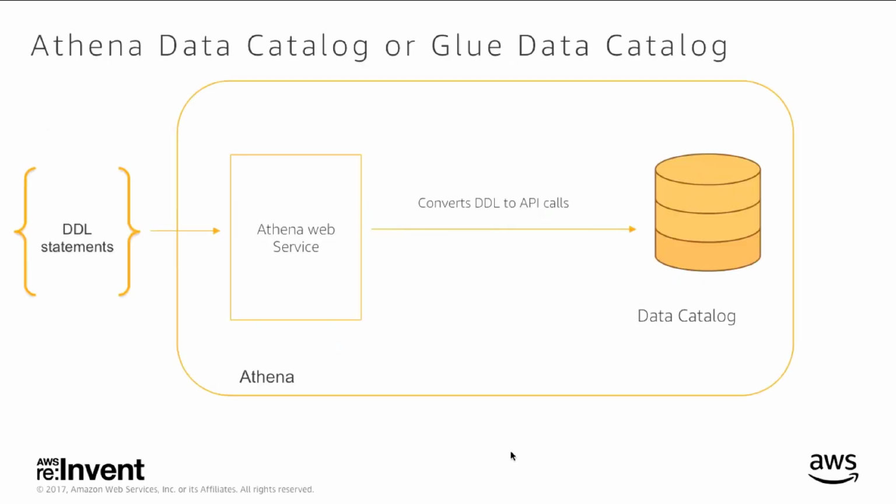So when we talked about the data catalog, previously when Athena launched and the Glue Data Catalog was not quite yet available, Athena used its own data catalog. Behind the scenes, all the DDL requests, all the create table statements, the alter partition statements, everything arrived at the Athena web service. We converted those DDL statements into API calls, and we called the Athena data catalog to store that metadata.